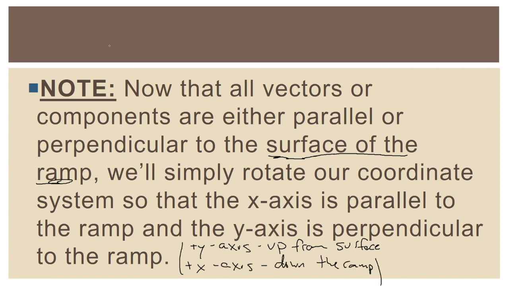So if our ramp looks like this, then our coordinate system is going to look like that, where that will be plus x, and that will be plus y. And if we do it like this, then our axes will look like that. It doesn't really matter, just as long as we're being consistent. Take a second to pause this video here and write that down. And when you hit play, we'll take a look at this diagram in a little more detail.